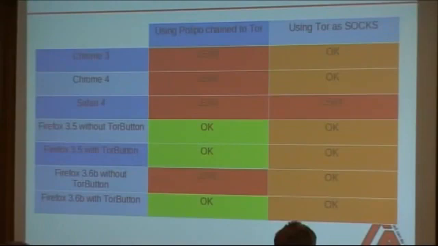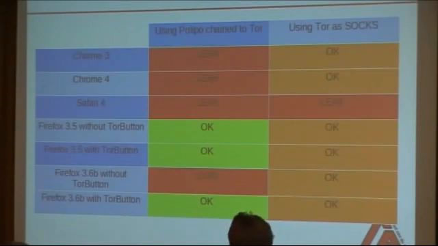And Safari will leak. That's interesting. The current stable version of Firefox is safe, with or without Torbutton, and I'll explain why. While the latest version of Firefox, the beta, will only leak when using Polipo and without using Torbutton.